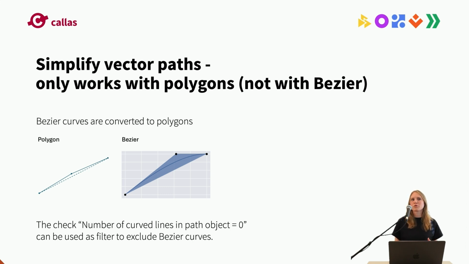So you don't want to touch these vector paths. And our suggestion is that you can use the apply to filter in the fix-up and add a pre-flight check number of curved lines in path object equals 0, which means it will only convert path objects without Bezier curves. So that's a nice way to limit it to only the ones that are built with polygons.